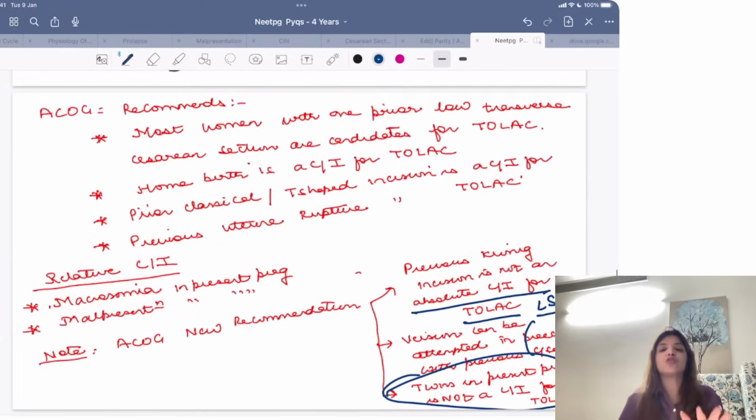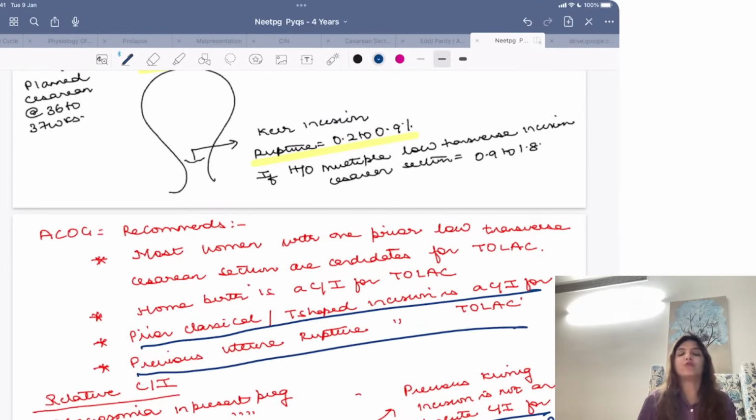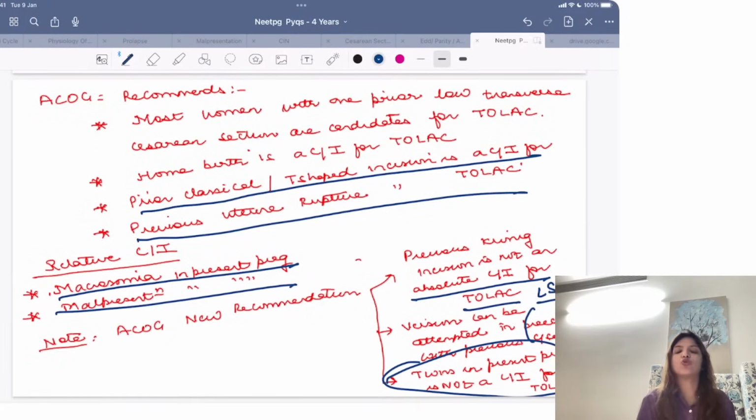What are the conditions which are absolutely contraindicated, where you are not going to attempt vaginal delivery after cesarean section? If it is classical cesarean section, or a T-shaped cesarean section, or if there is previous history of uterine rupture. If in present pregnancy there is macrosomia or malpresentation, then that is a relative contraindication. Clear?